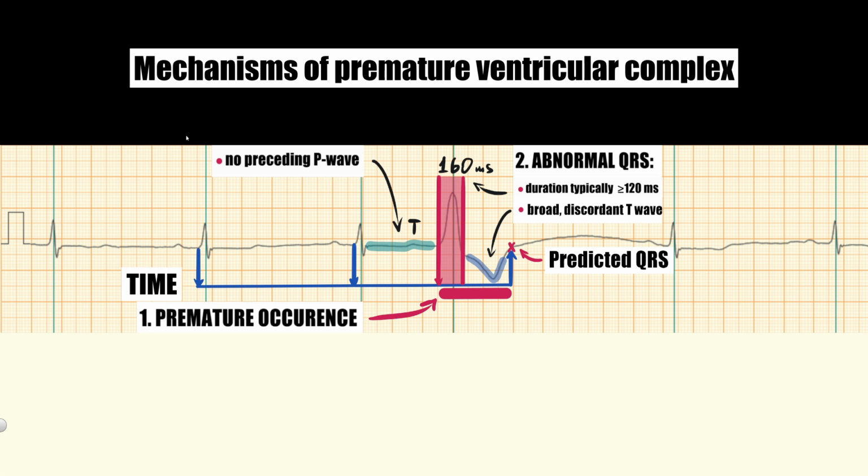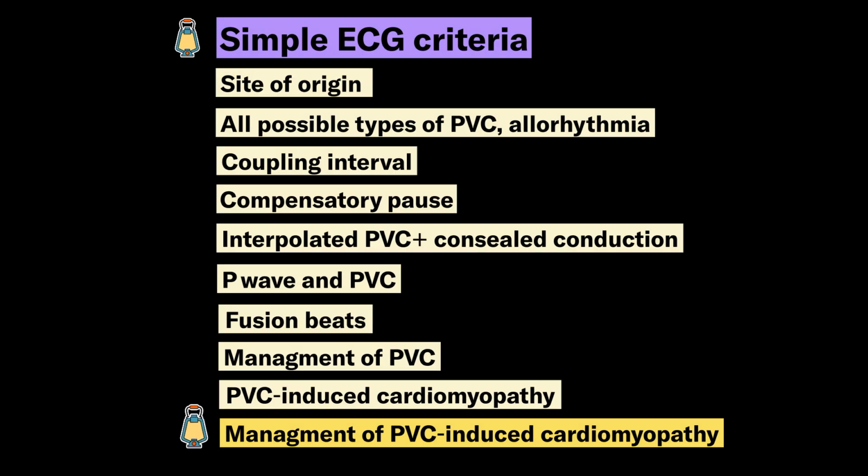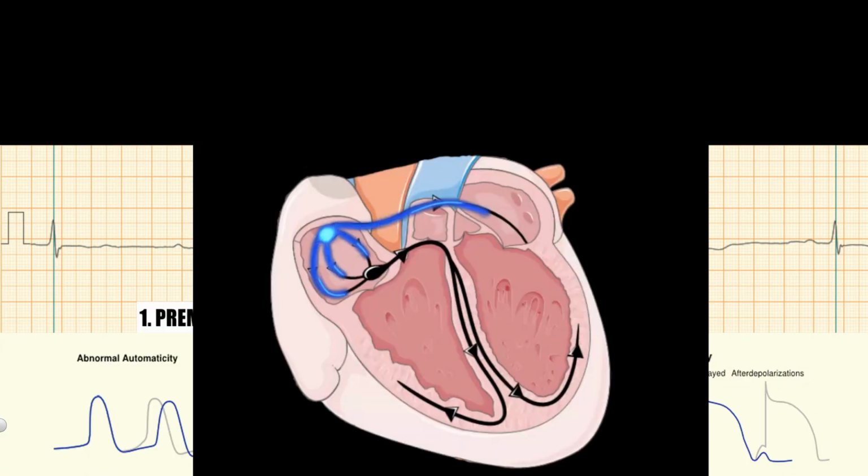Few mechanisms can cause premature ventricular contractions. There are abnormal automaticity, reentry, and triggered activity, which includes the early and delayed afterdepolarizations. Normally, the sinus impulse is going through the conduction system.